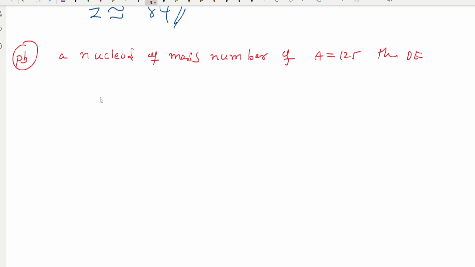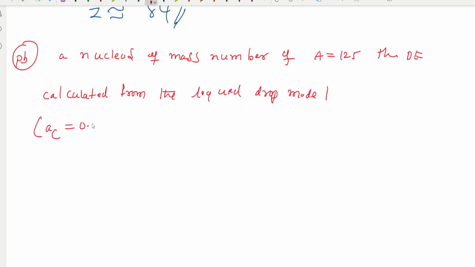The binding energy calculated from the liquid drop model. So surface energy is 0.7 mega electron volt. Asymmetric energy is 22.5 mega electron volt, is maximum for.